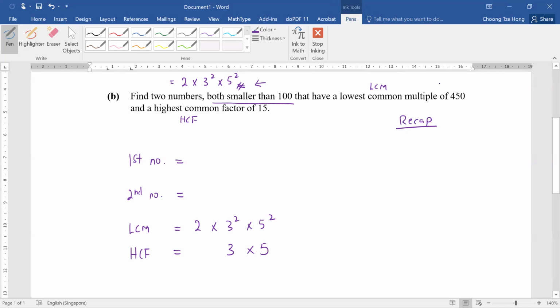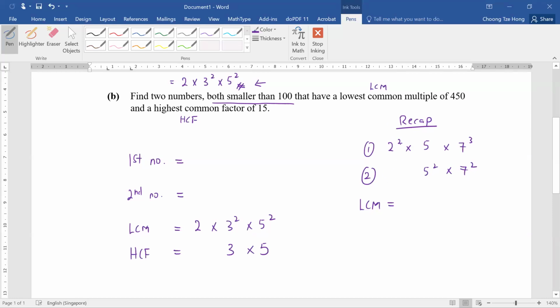Recap. Let's say we have two numbers. The first number, in prime factorized form, is 2 square times 5 times 7 cube. The second number is 5 square times 7 square. Now if we want to find the LCM, for each individual prime factor, we take the one with the bigger power.